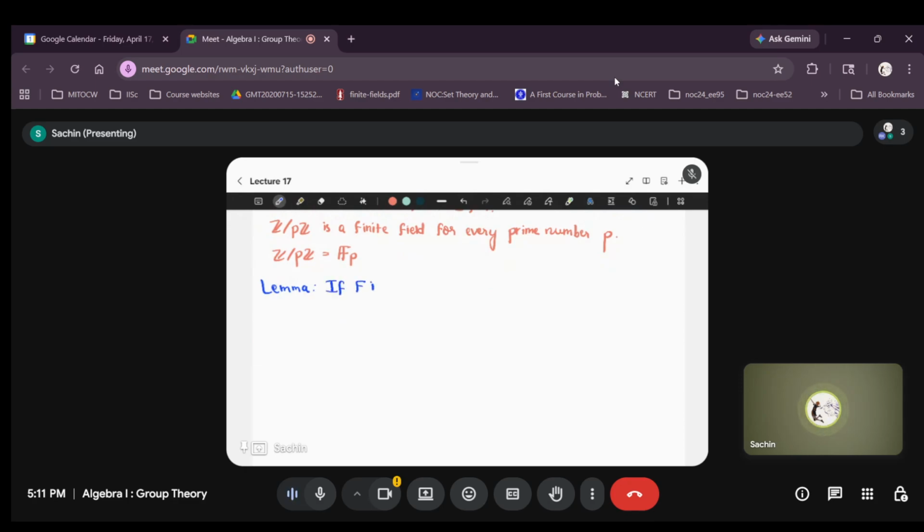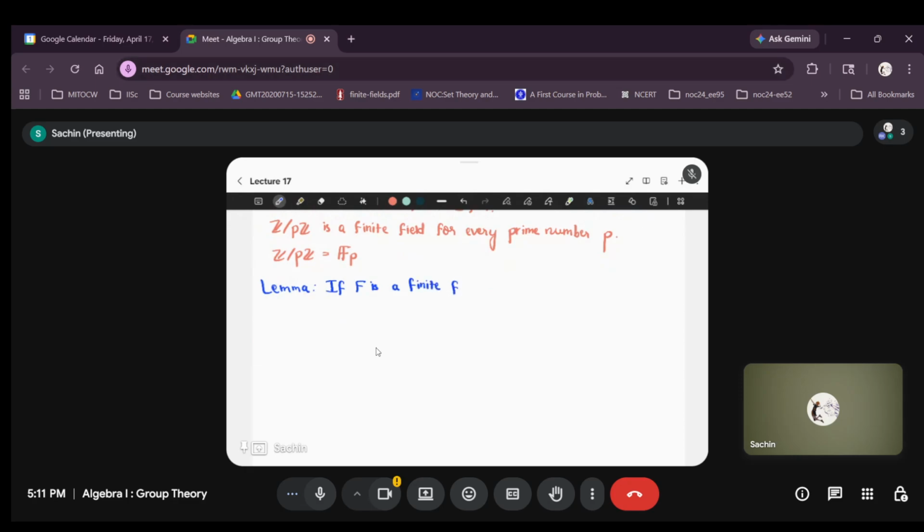If F is a finite field, then the order of F. Order here simply means the cardinality of the set, the number of elements in the set. It is the same as what the order of a group was.